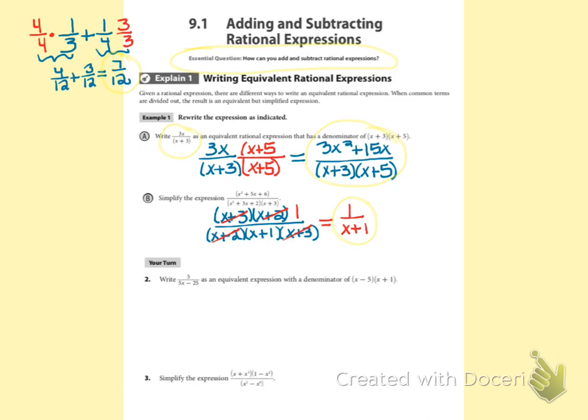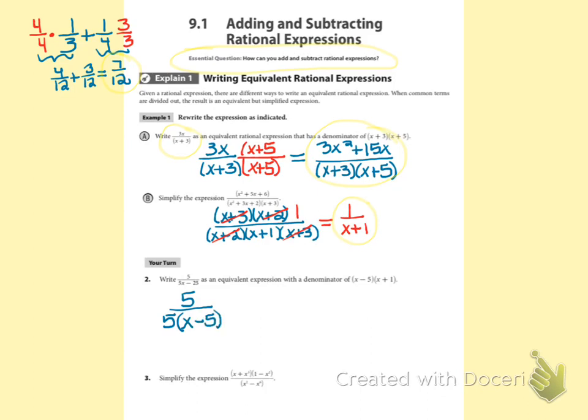I'll go ahead and get you started on number 2, because in order to get this with the denominator of x minus 5 and x plus 1, right now it doesn't have either one of those factors as a denominator. But what we could do is take that 5x minus 25 and factor out the 5, giving us 5 times x minus 5.